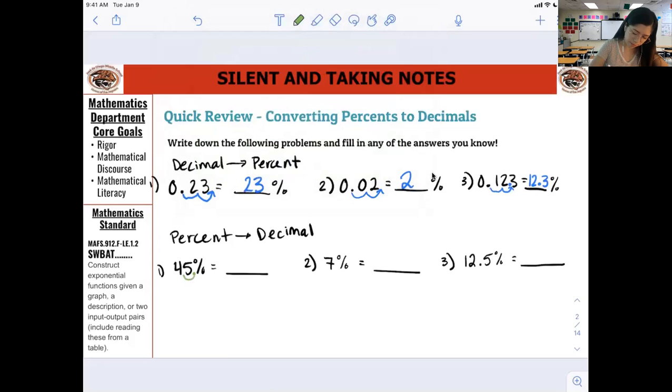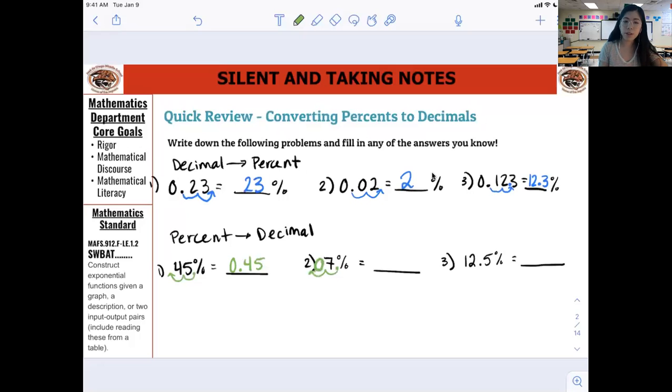Go backwards this time. 7%? 0.07. Be careful when you have a 1-digit percentage, we always end up putting a 0 in front because you have to move that decimal 2 steps to the left.